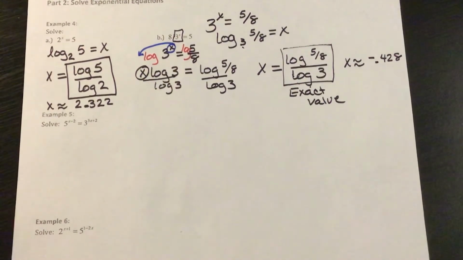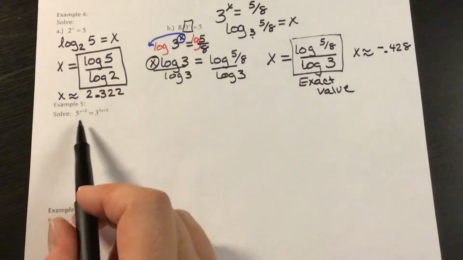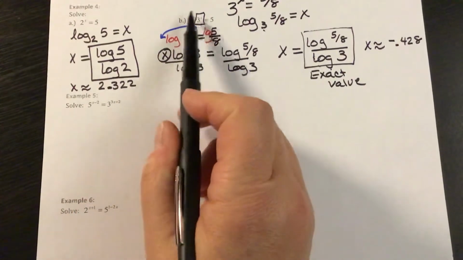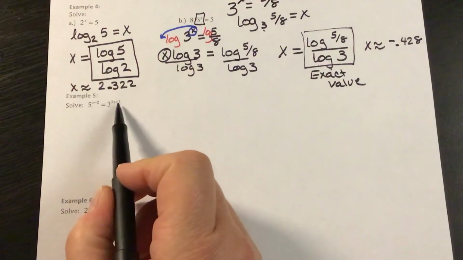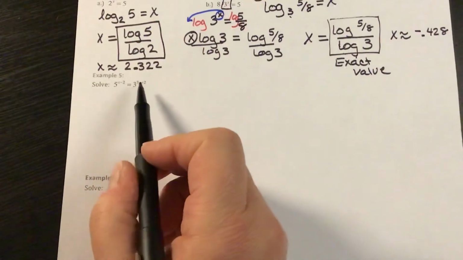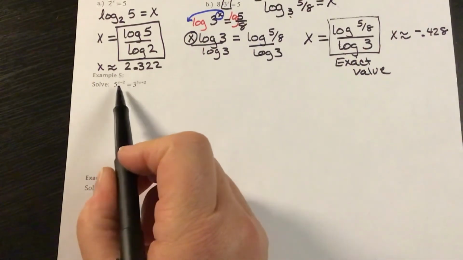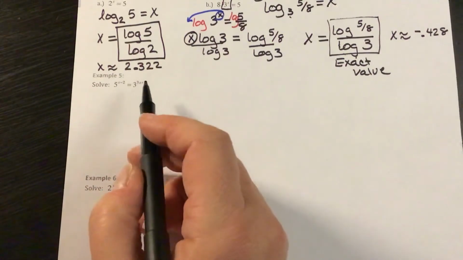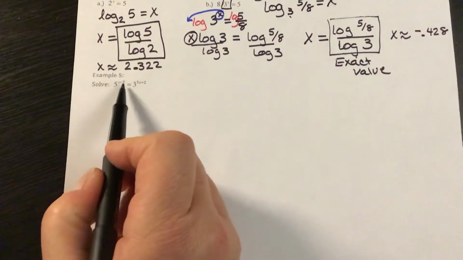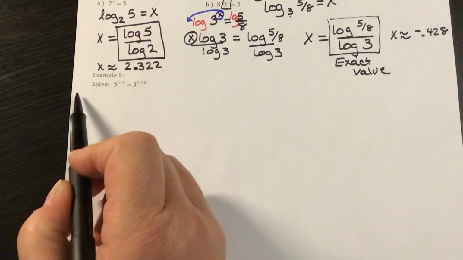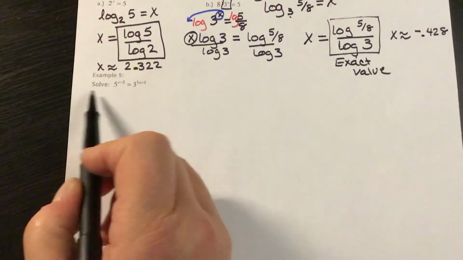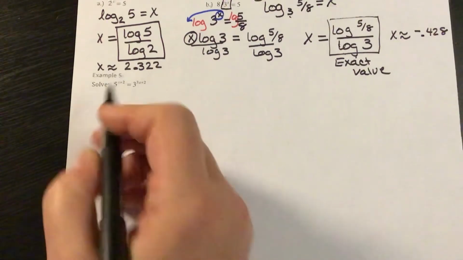All right, so in example 5, we're going to use what I indicated up here. Because I have my variable in the exponent, to get the variable out of the exponent, I'm going to log both sides and then move my exponent to the beginning, so I can multiply it by the log of 5.